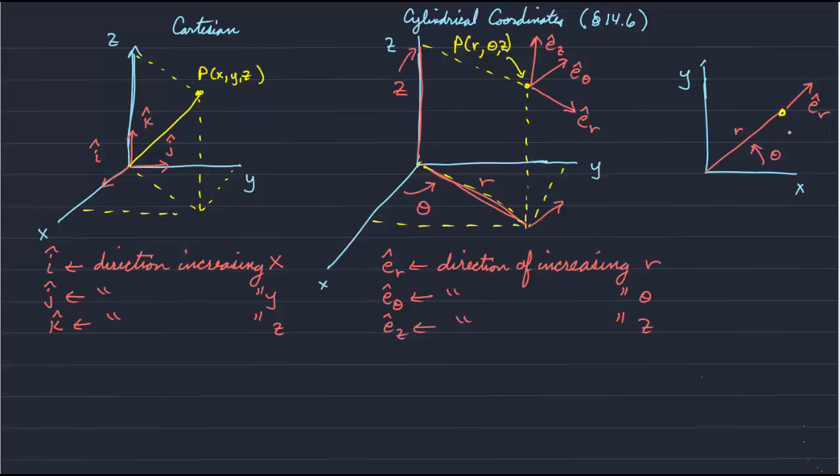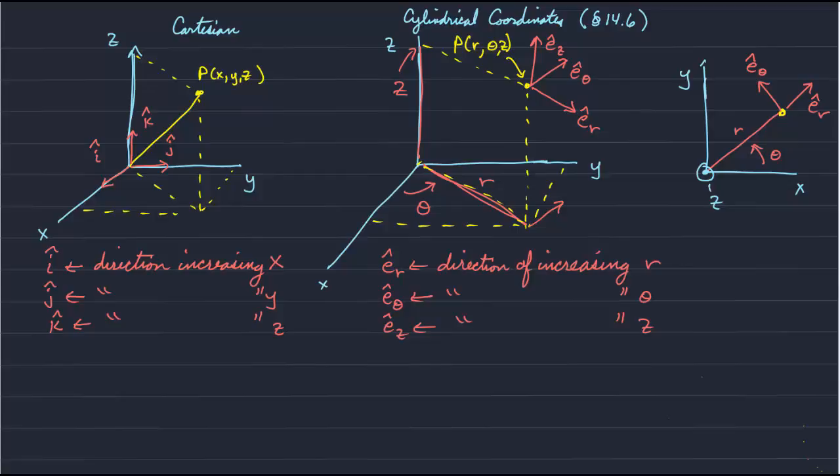This is theta, and e hat theta is in the direction of increasing theta. And in this picture, z would be coming right out of the computer screen, shown by this dot with a circle around it representing the tip of an arrow pointing straight upward, straight at you.